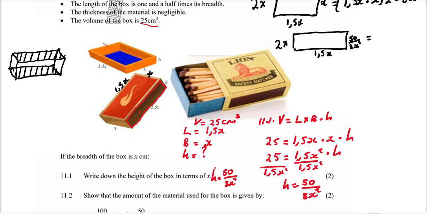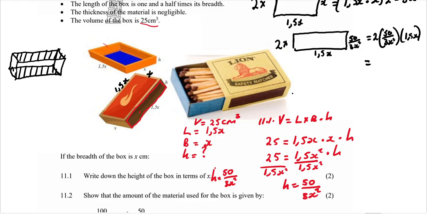Then let's calculate our area. We're starting with this side: 2 multiplied by this side multiplied by this side. Here we have 50 all over 3x squared multiplied by 1,5x. When we punch the calculator, we take 2 multiplied by 50 divided by 3, multiplied by 1,5.